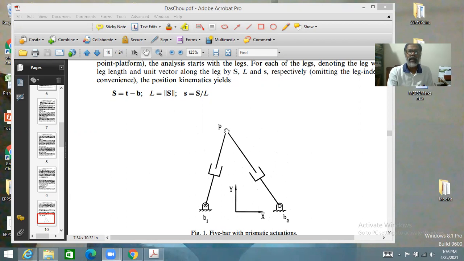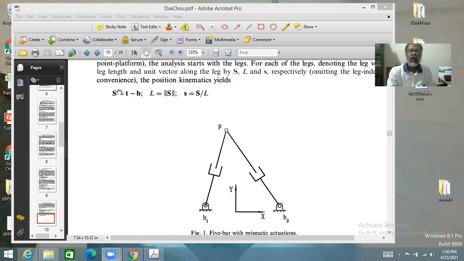And that vector xy in this frame, the vector from the origin of this frame to P, OP, is the translation T. This has x and y. This is a base point B1 fixed in this frame, and this is the other base point B2.